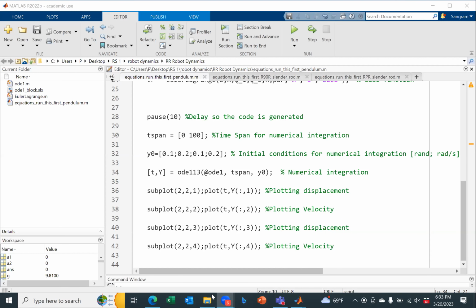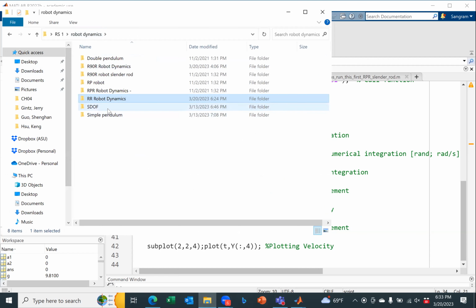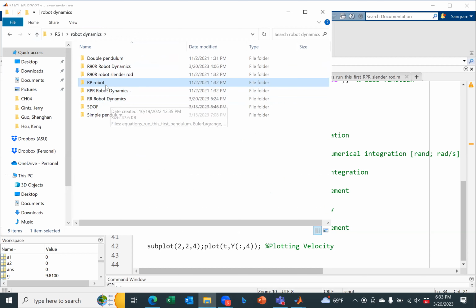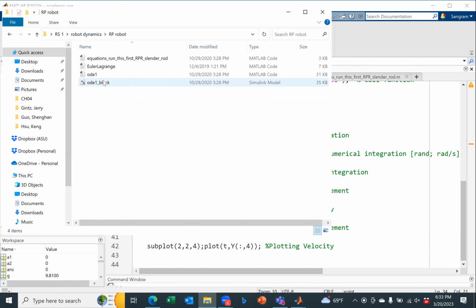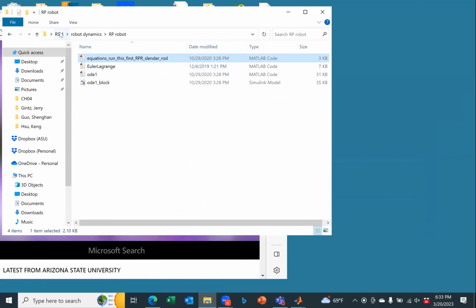If you go to MATLAB, you will say RP. Actually, this is not the problem that I want to solve.